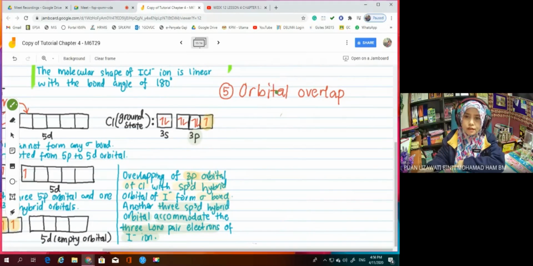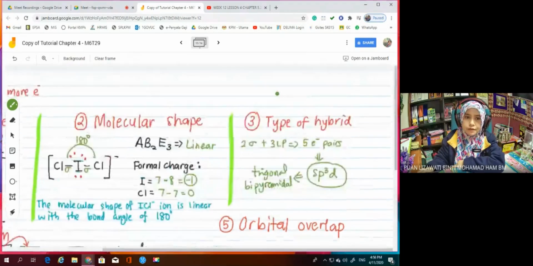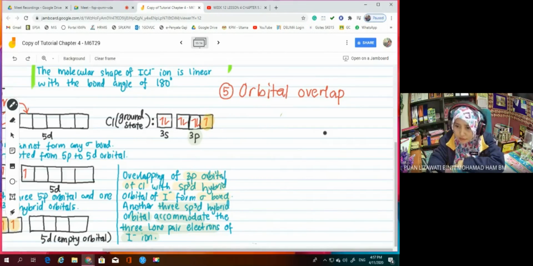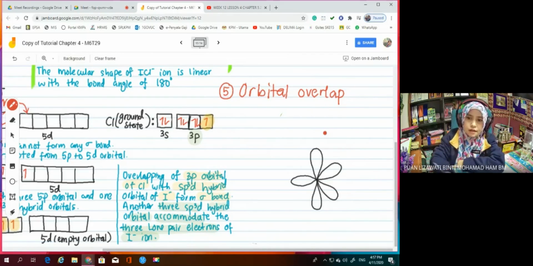Now we move to the orbital overlap. You can use the manipulation as the reference. You have to draw the sp3d hybrid orbitals. The lone pairs you have to place here, meaning the bond angle is 120 here. And then for the overlapping of 3p of Cl, label sigma.